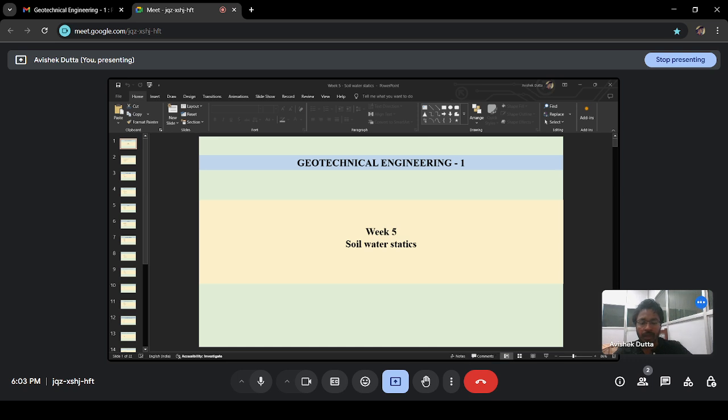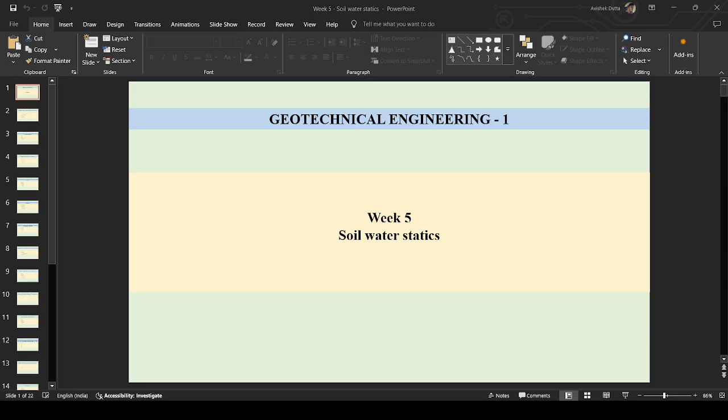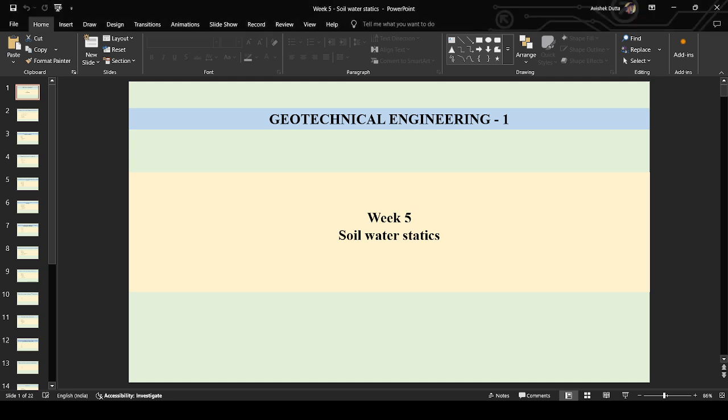I'll first dictate the questions, and as and when the students join, I believe they can write down the questions. So I'll directly go to the PPT right now. I hope the PPT is visible. So this session has 20 questions.